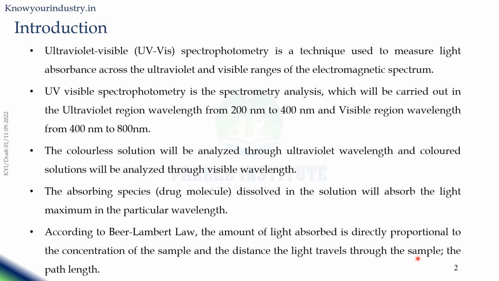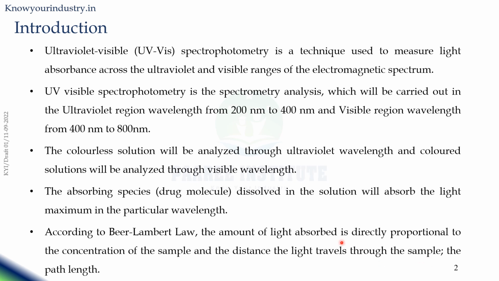And also it is directly proportional to the distance the light travels through the sample. So in this instrumentation of UV visible spectrophotometer, the light travels through the sample, and the length is the same, that is the cuvette length, 1 centimeter, whatever the cuvette length, it is going to remain the same.